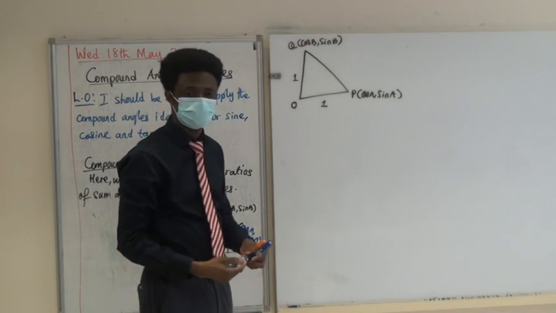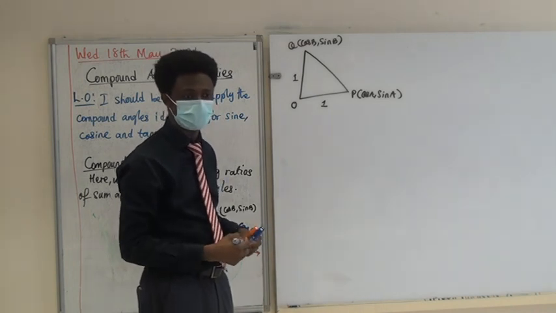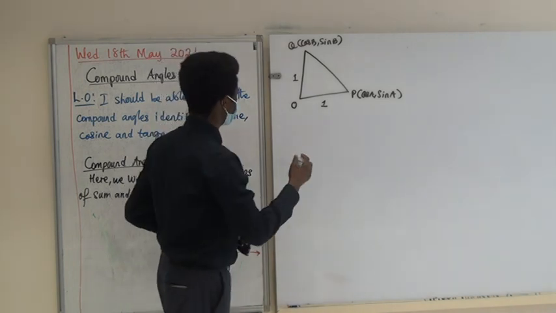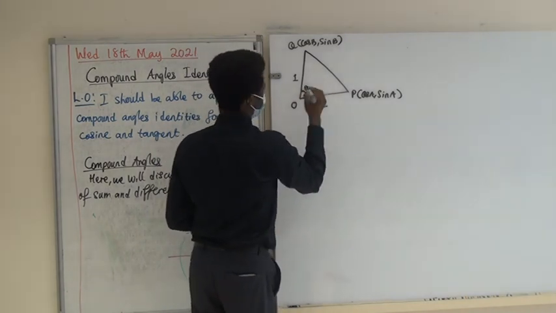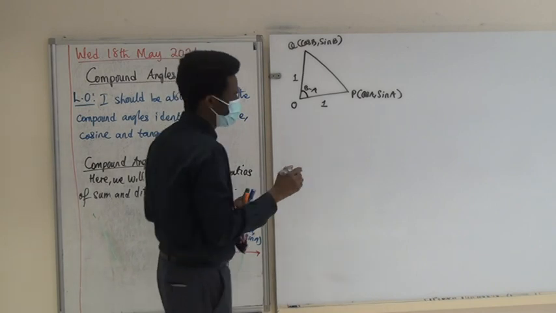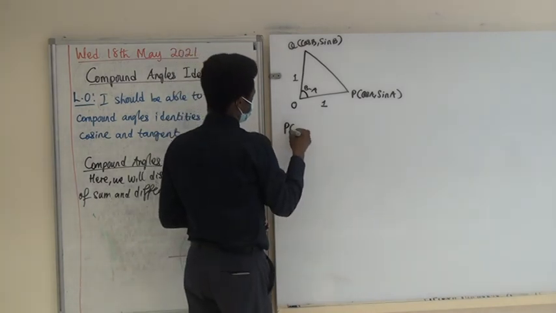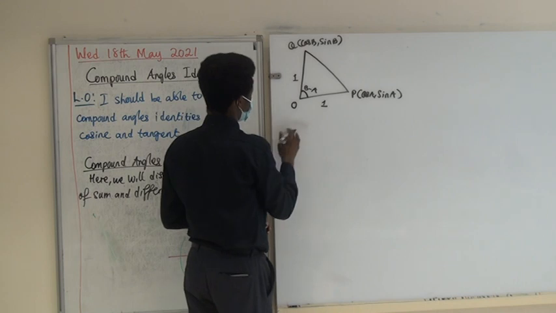There are coordinates, so you can use the distance formula first. The angle between here is B minus A. So without referring to the angle, PQ by distance formula.